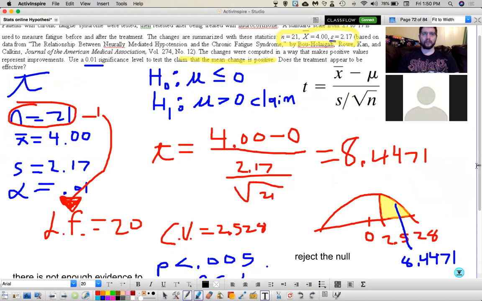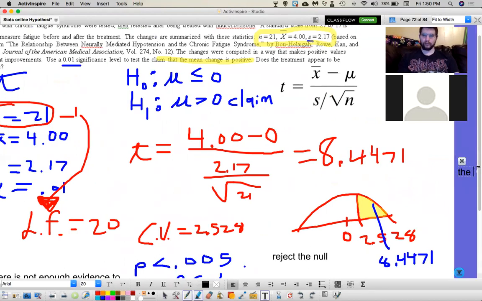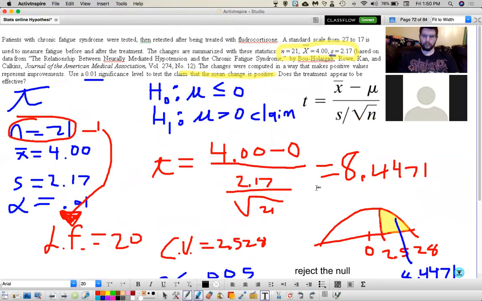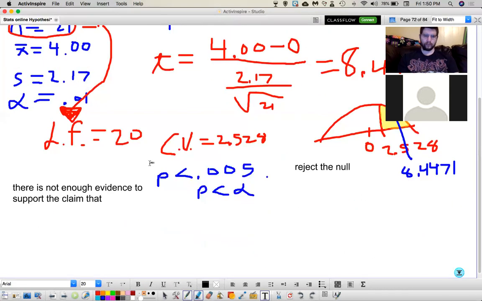The mean change is positive. I'll put it there. And that would be that hypothesis test done.